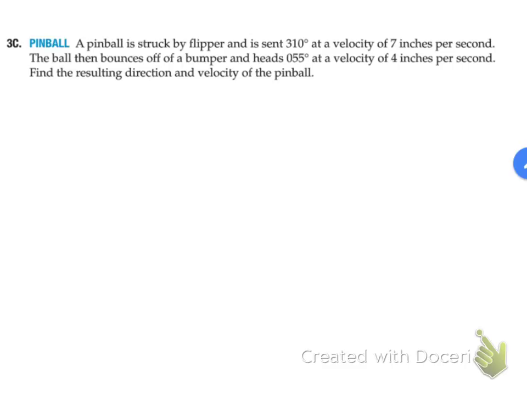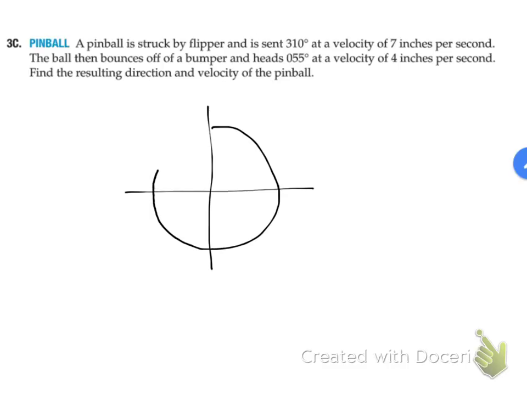Here's the cool thing. 310 degrees, which way is it going? It's a little different than your normal quadrants. 310 from true north, right? Which means, if I was to draw a diagram here, that's 270, so somewhere over here, right?